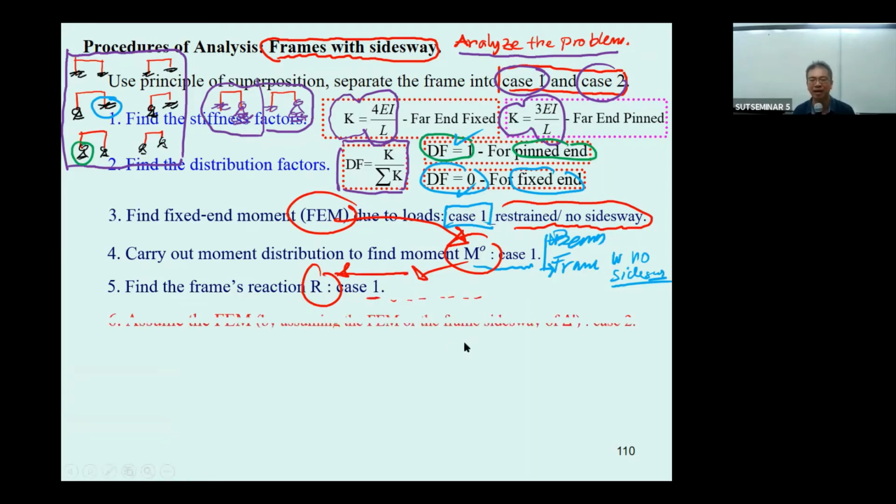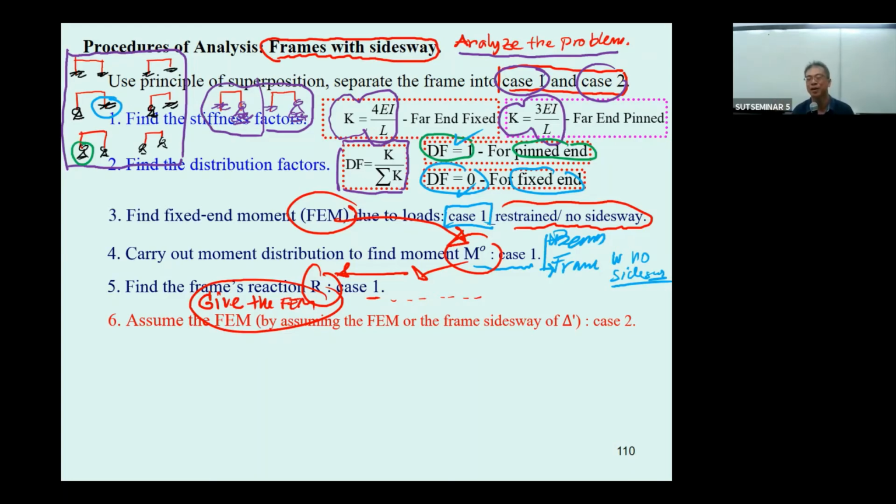You go to the second case, you just assume the fixed end moment. For example, 10 kilonewton meter, 100 kilonewton meter. I will give you the fixed end moment in the examination, so everybody will obtain the same fixed end moment and the solution that you solve will be the same.